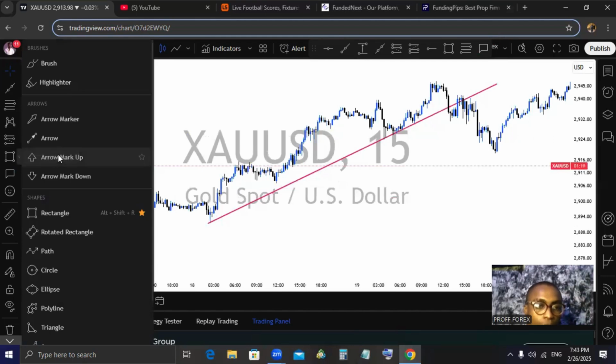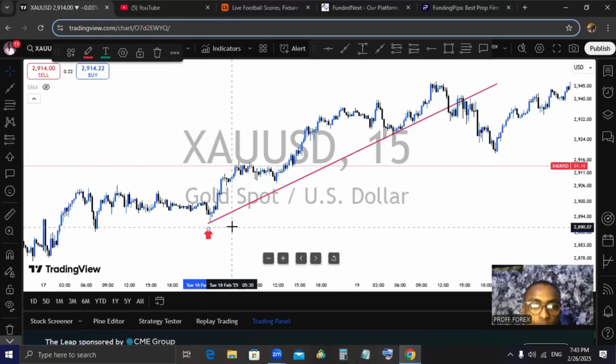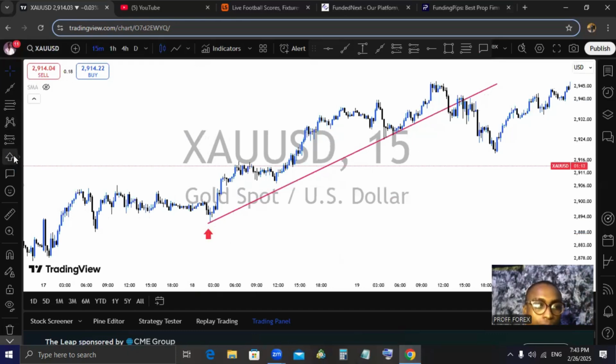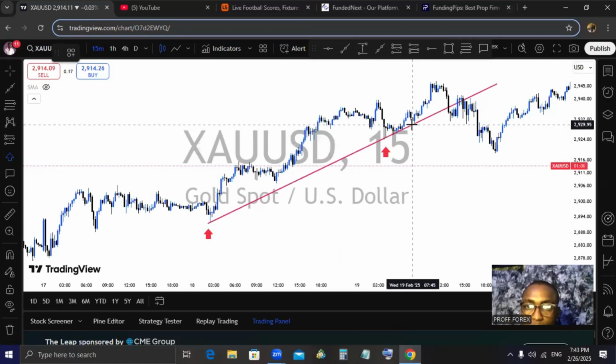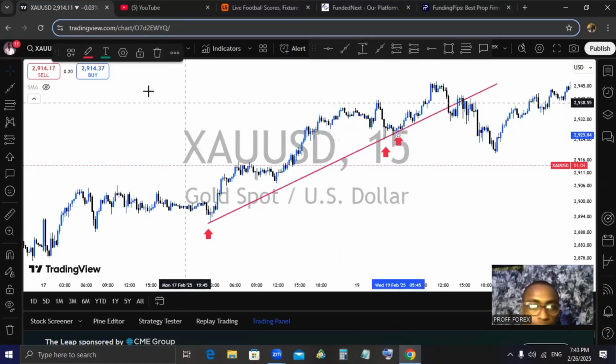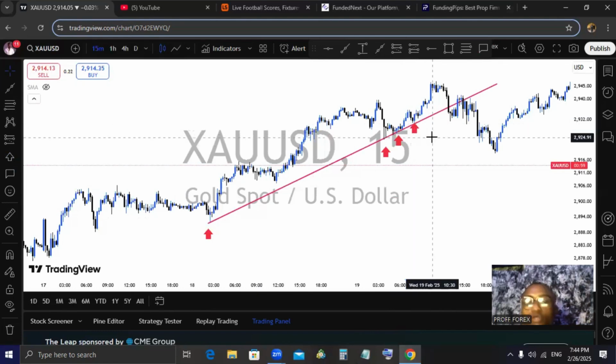This is the first touch, second touch, third touch, fourth touch.